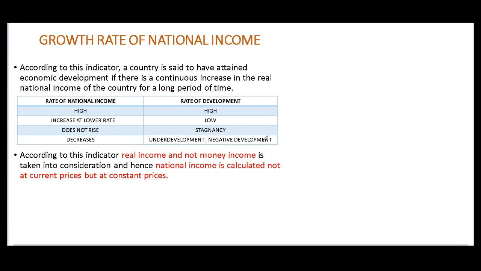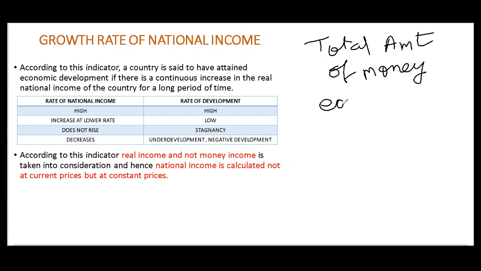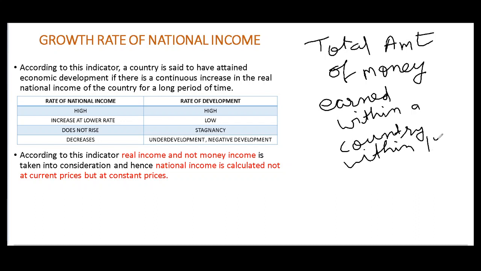National income means the total amount of money earned within a country within 1 year. In short, we can term it as GDP also.